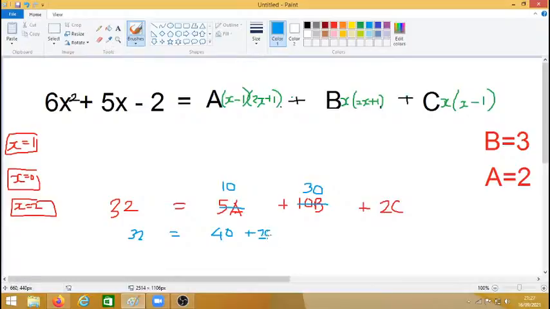Take the 40 across, and I'm going to have minus 8 is equal to 2c.